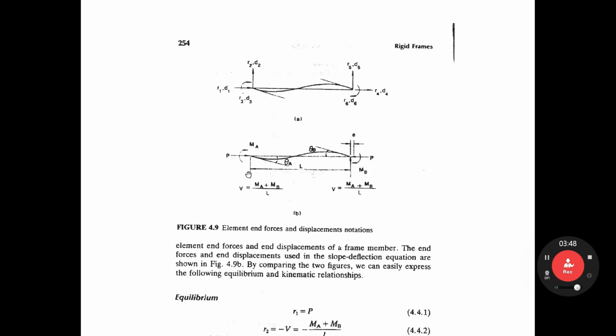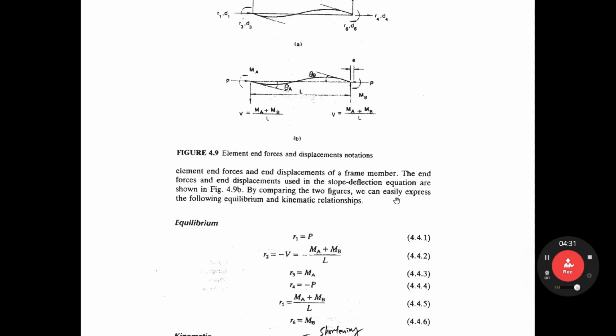As you see, member forces MA, MB, here is P, compression, and then we have a shortening e, and angles theta A and theta B. We also get the shear force V equal MA plus MB over L, right? If you take the moment here, the summation of moments equal to 0, then you can get this shear force.